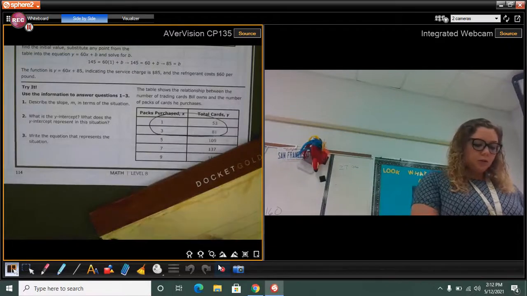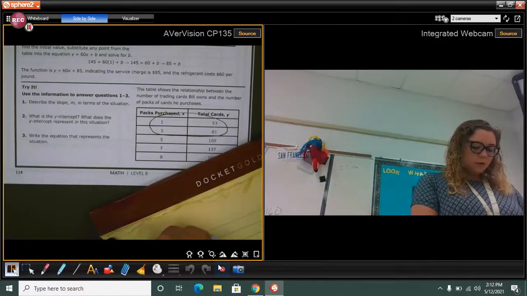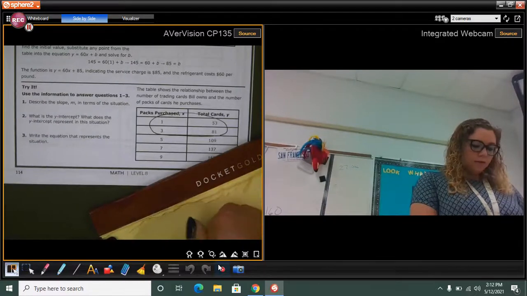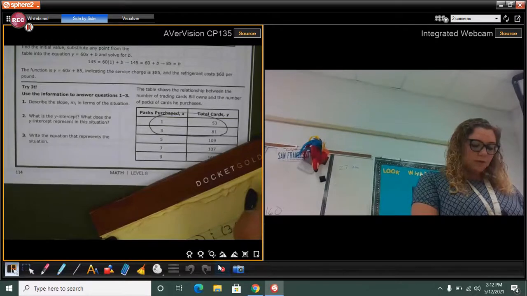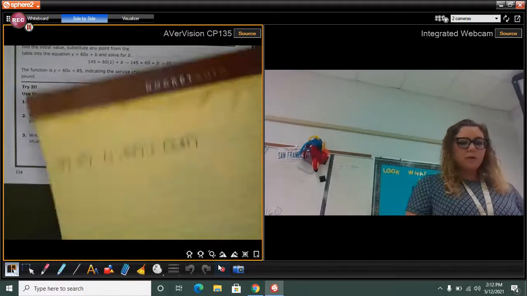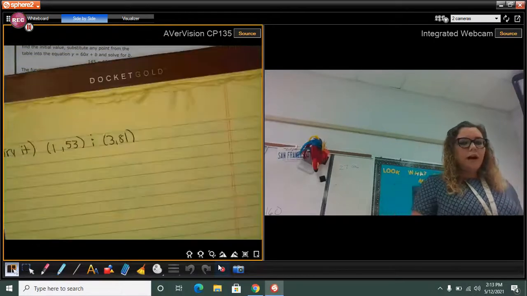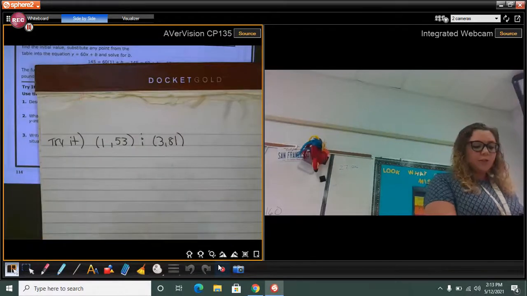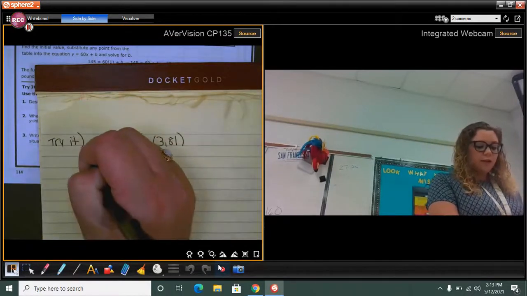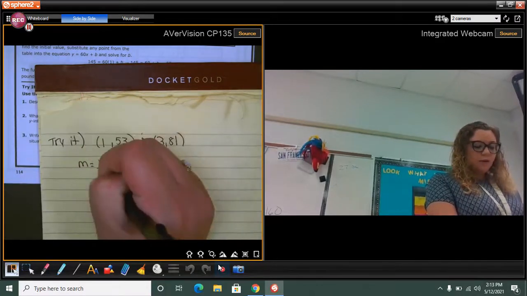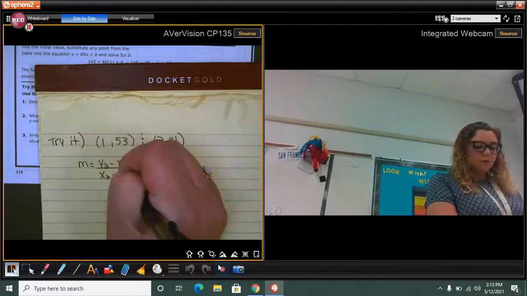So I'm going to choose (1, 53) and (3, 81). Okay, it comes from these 2 right here. So to find our rate of change, we have to use our slope formula. m equals y2 minus y1 over x2 minus x1.